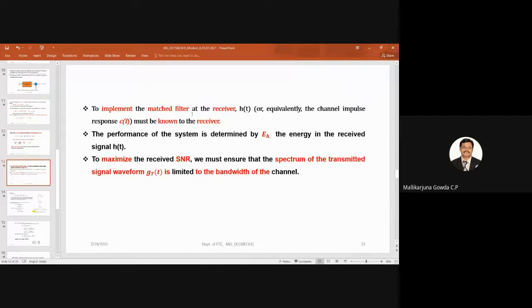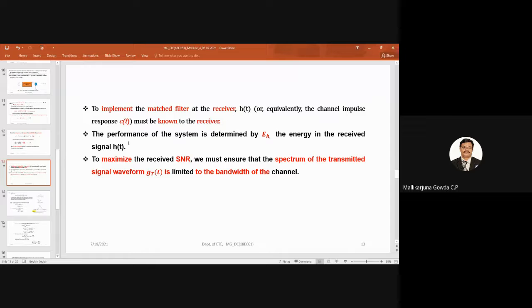So to implement the matched filter at the receiver, I'm talking about the receiver side, h(t), or equivalently the channel impulse response c(t), must be known to the receiver, right? So the receiver should know the impulse response of the channel. Then only will we be able to design a filter at the receiver side which can match the impulse response of the transmitting filter.